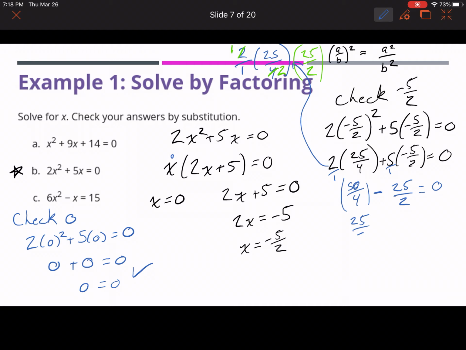So here we would end up with 25 over 2 anyways, but you could have done that in one step by doing what I did at the top. So again, any number minus itself is 0, and we've got our check there. So we didn't make any mistakes on this slide.